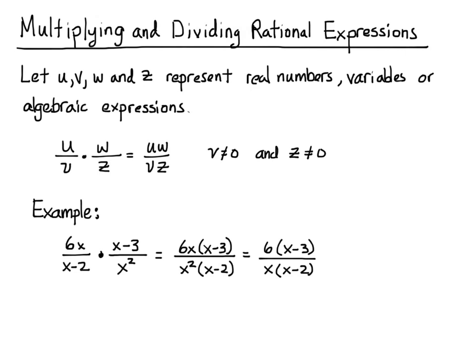Now when I say simplify, if you read our book very carefully, you'll notice that there's a contradiction in how they want you to simplify things. They'll show you this in one of the earlier chapters, and when they say simplify, they mean multiply that out to get 6x minus 18 over x squared minus 2x, right? Expand it. And in a sense, that's simplifying because you're removing parentheses. But here, when they say simplify, they leave it in factors.